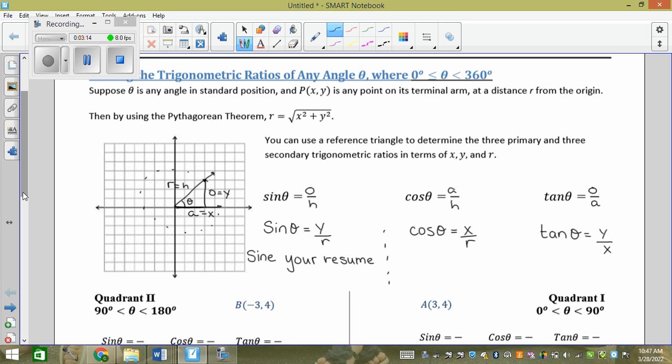And then cook extra rice with an X. And then when in doubt, tan your Xbox. So it doesn't lack vitamin D. So: sine your resume, cook extra rice, tan your Xbox.